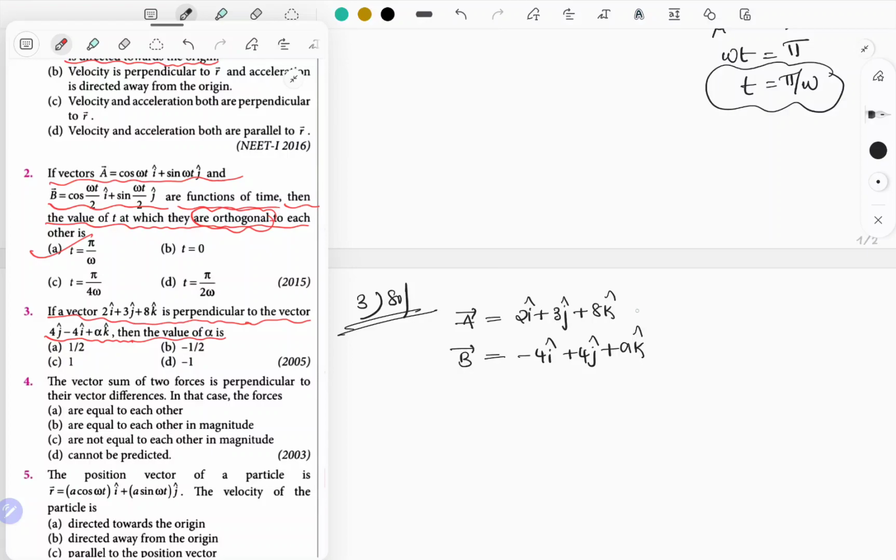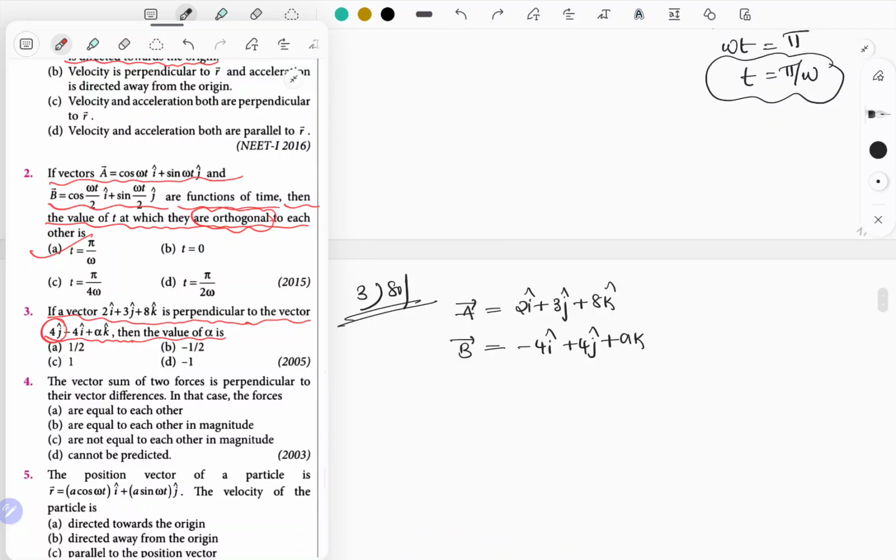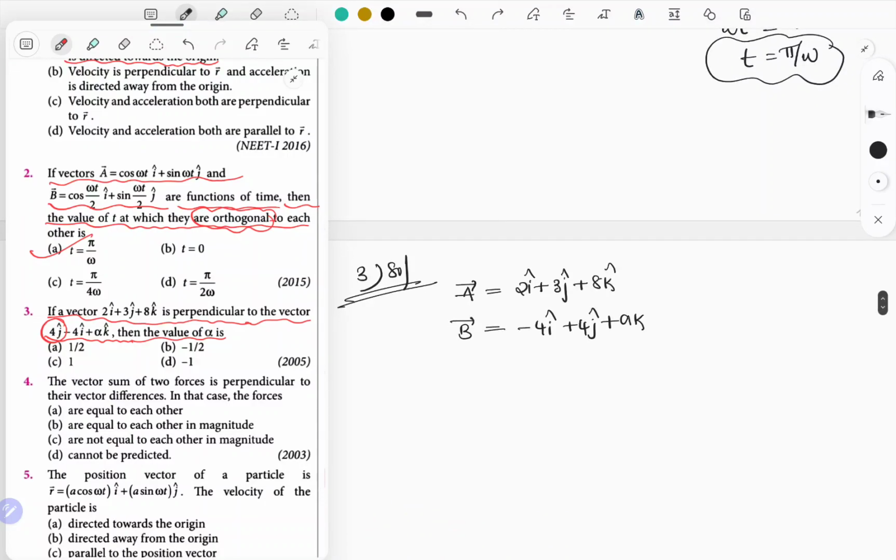Given two vectors, I've named them as a bar and b bar. If you observe the second vector b bar, they have given j cap first instead of i cap. So while you are writing it down, check out that direction carefully. So here I changed this, that is minus 4 i cap plus 4 j cap plus a k cap.